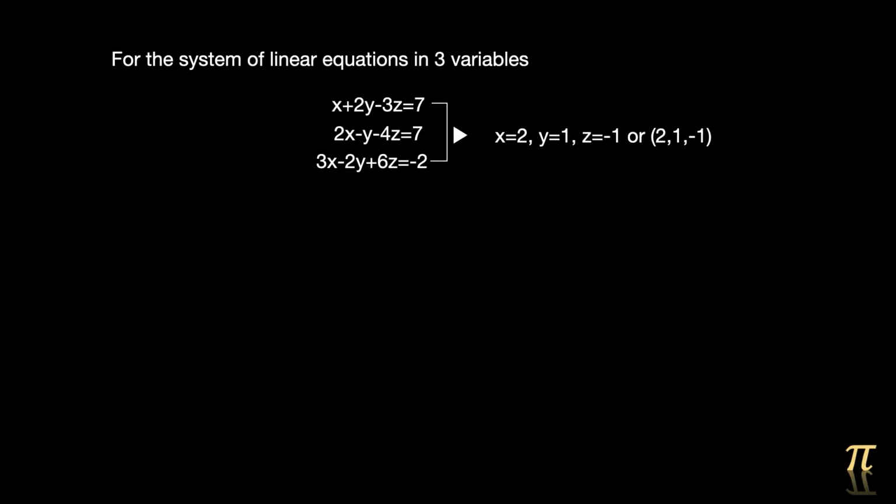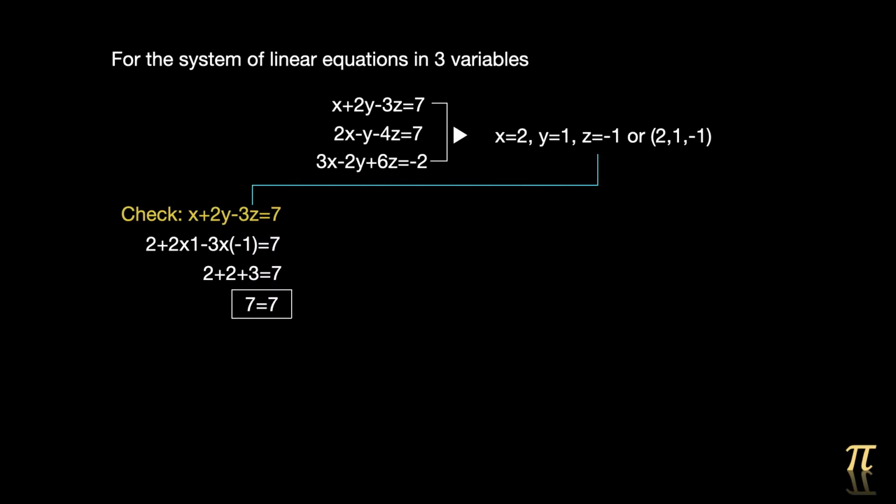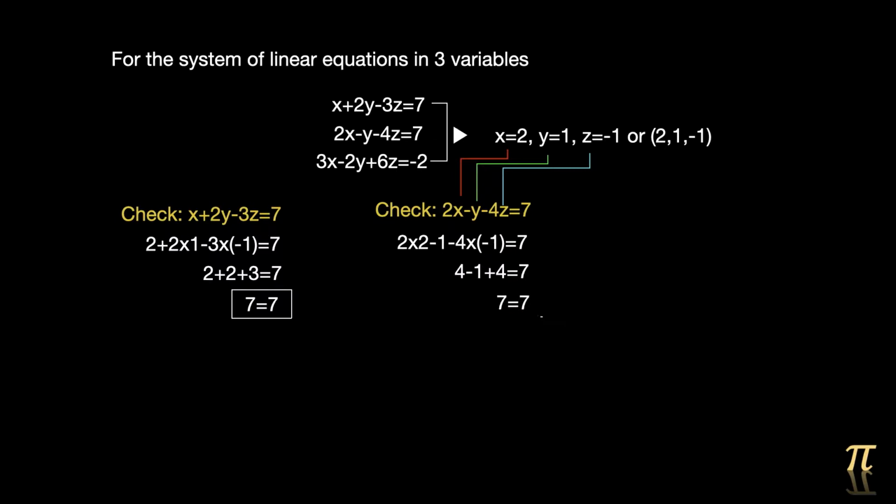We can again check that this represents the solution of this system of linear equations. For the first equation, if we put x equal to 2, y equal to 1 and z equal to -1, calculate it, and you will get a true statement. So that means the first equation is satisfied. Similarly, for the second equation, just use these values, check it, and again you get a true statement.